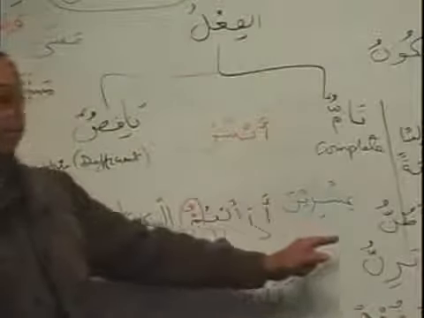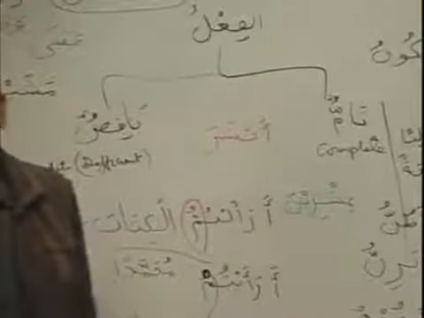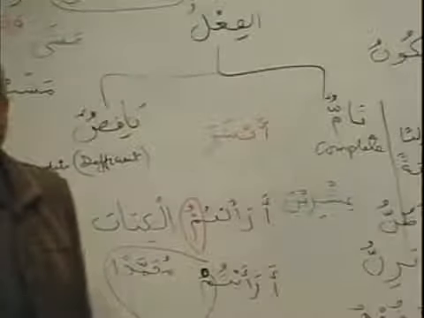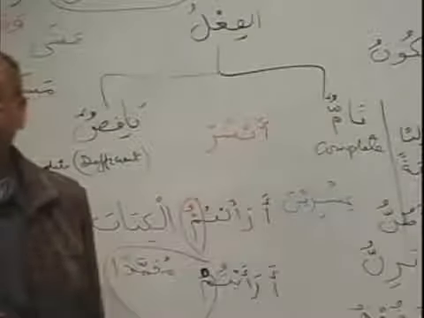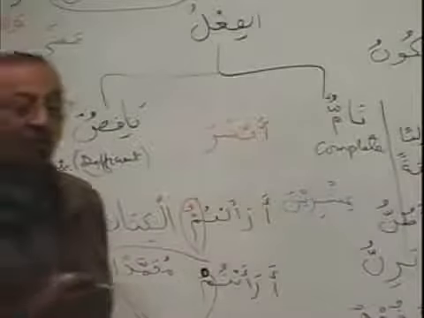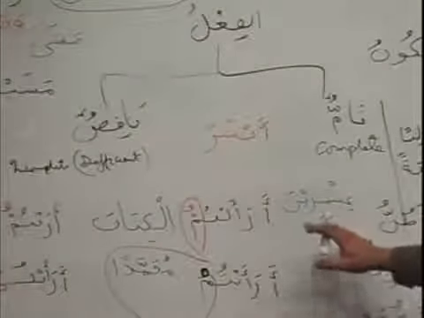Ishrina. Now this is mansub form. What is it? Mansub form. Okay? What is the marfu form of ishrina? Ishruna. What kind of a pattern does it have? Sound masculine plural.